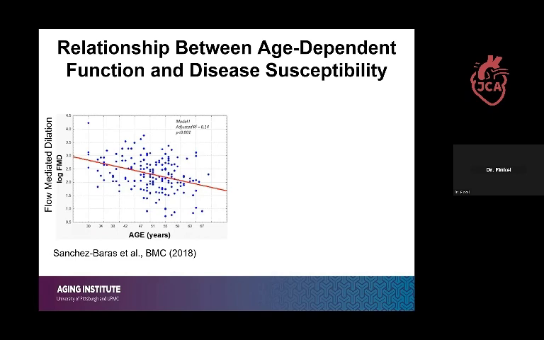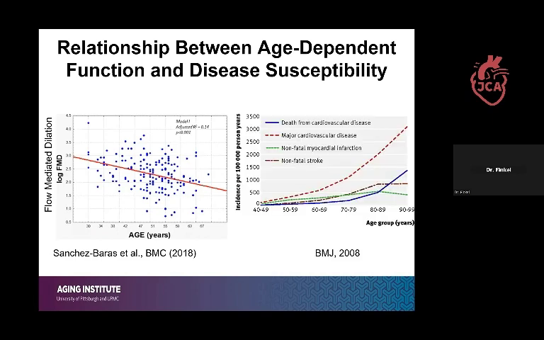Correspondingly, if you look at disease incidence, there's a reciprocal relationship: as you get older, the age-related diseases increase. This relationship of an age-dependent decline in physiological function coupled to an age-dependent increase in disease incidence is not unique to the vasculature or the heart, but plays out in every organ, in every tissue in the human body.